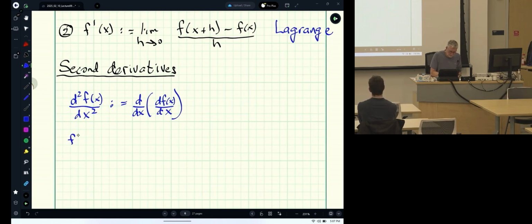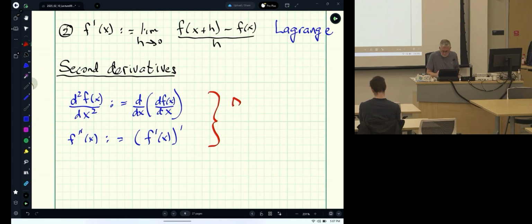And then f double prime of x is by definition equal to f prime of x, prime. So these are derivatives of derivatives.